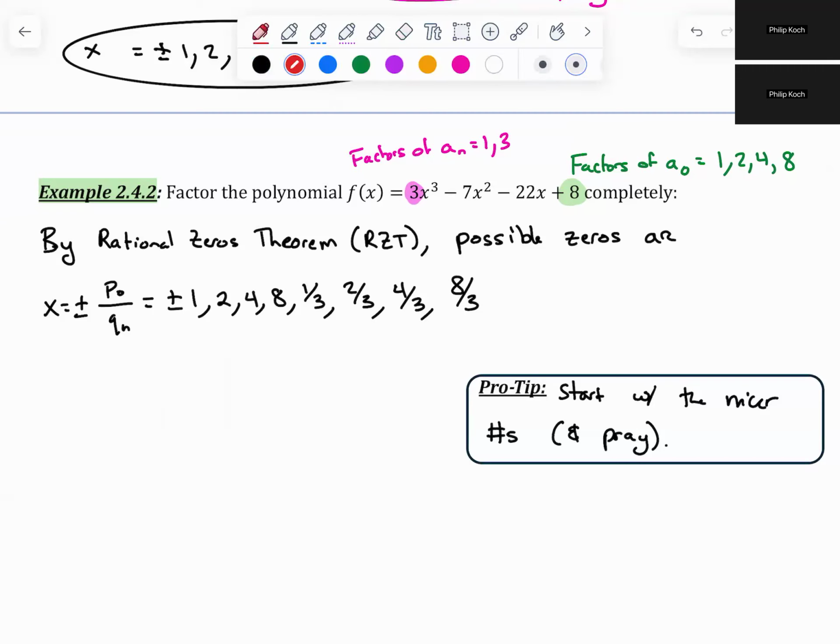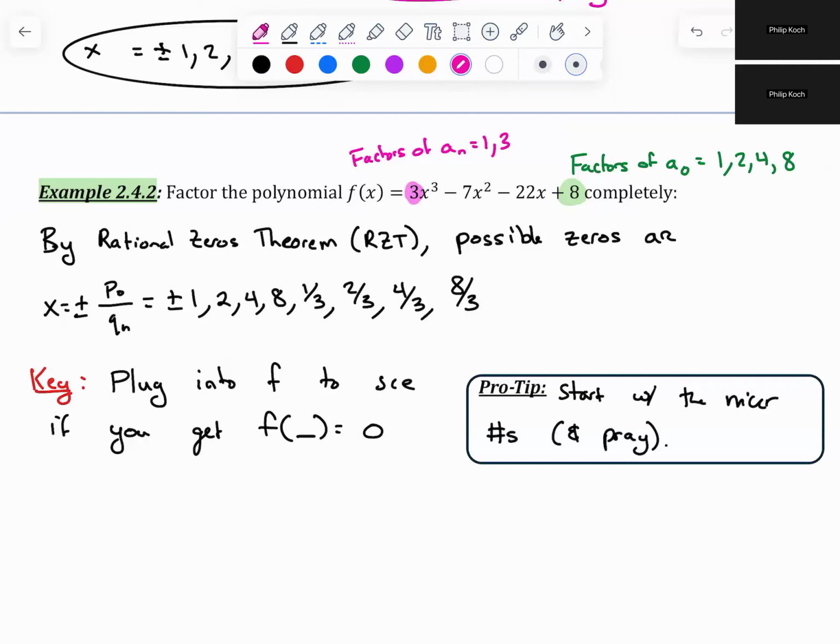So, key: plug into f to see if you get f of blank equals 0. Because what would that mean? If f of 1 equals 0, what would that tell us?